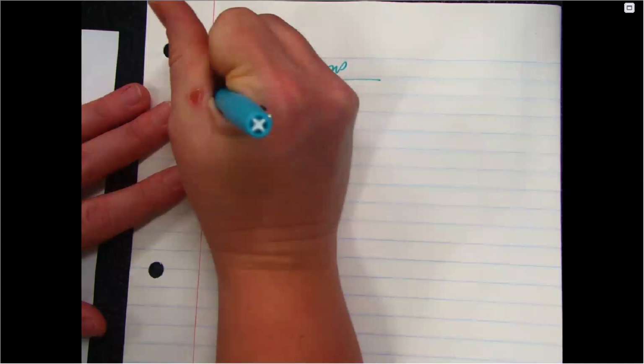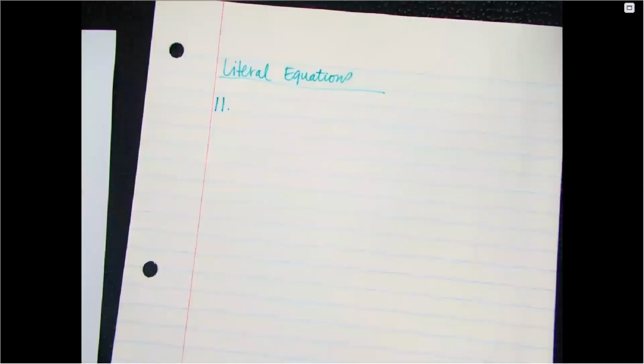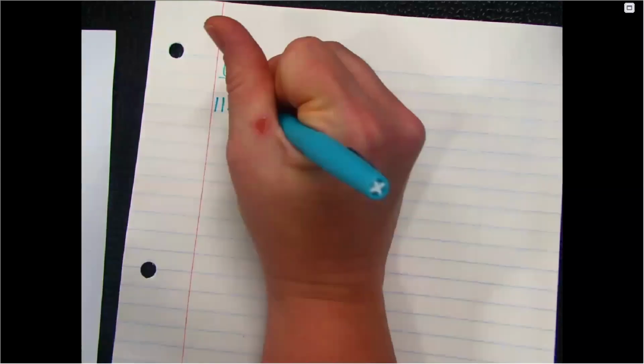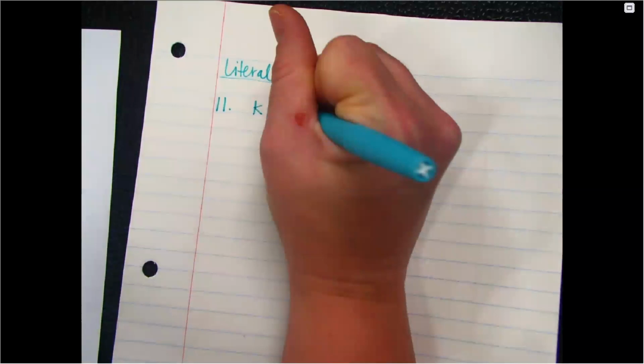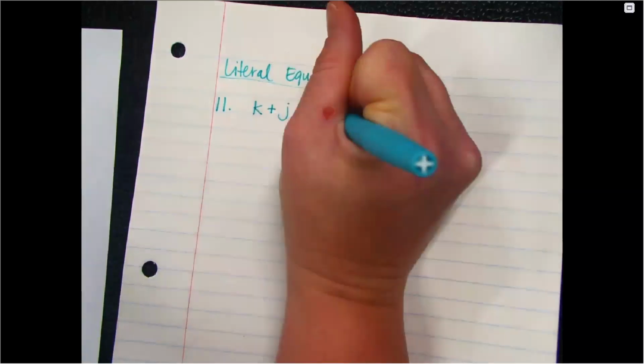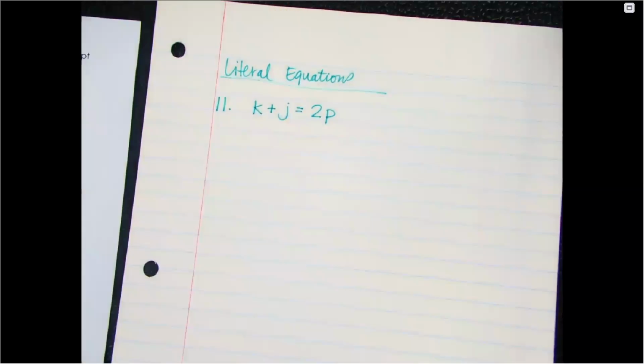And I'm going to number it number 11 just because it goes with number 11 on your work, okay? So let's just say I've got K plus J equals 2P. We've got 3 different variables. Can y'all see that? All right.